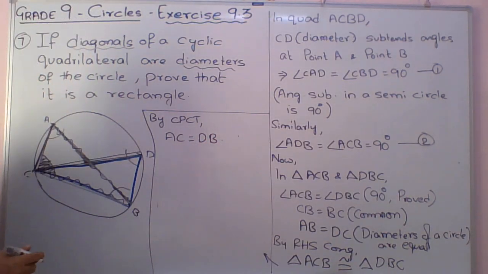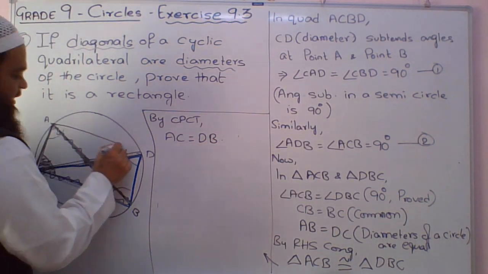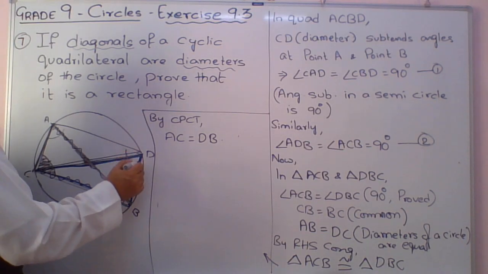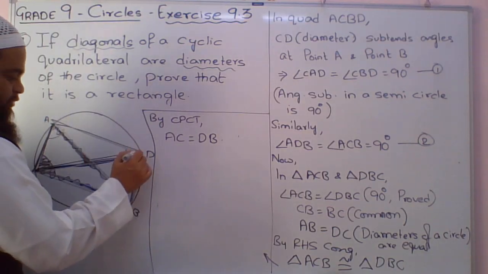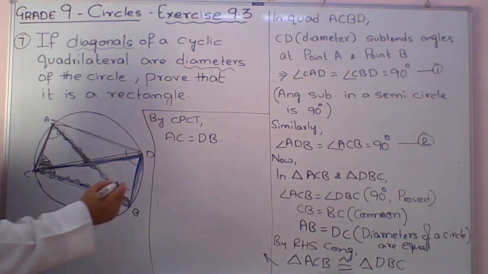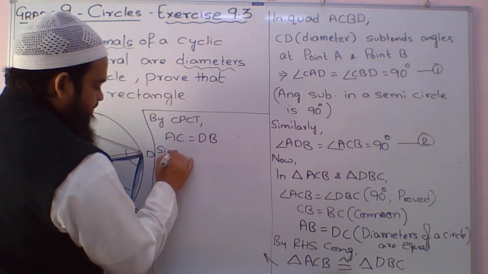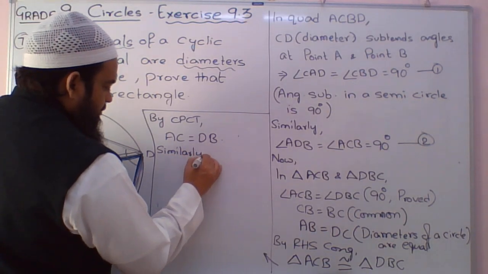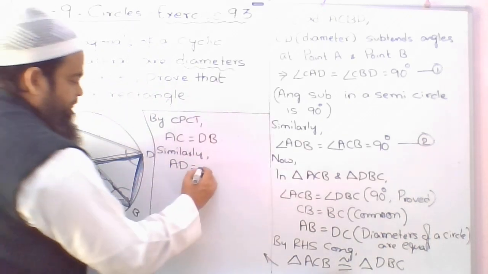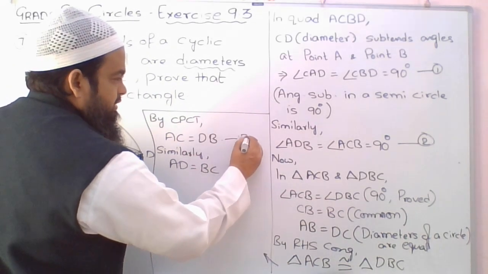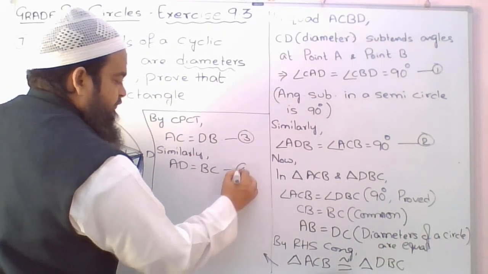Is it right? Similarly, if I take these two triangles with DB as base, will I get AD equal to CB? Similarly, AD is equal to BC. This is third and this is fourth.